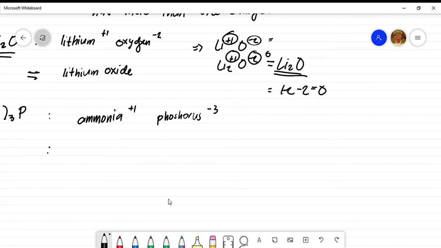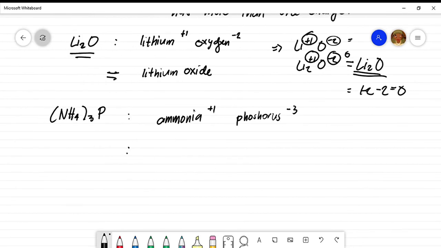So then we will call this ammonium phosphide. Since it's an ionic bond, again, we will be reading the subscripts here, unlike in the covalent bond.